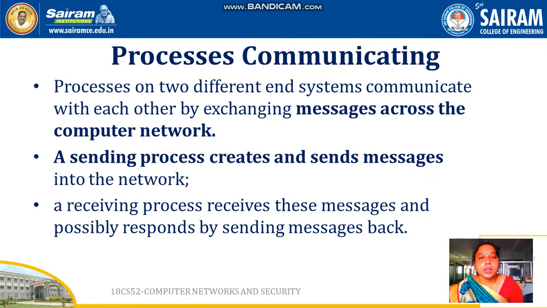From the transport layer, the messages will go to the network layer, then move on to the data link layer, then be sent by the link layer as signals, which can be analog or digital, and it will reach the destination. Again, the same hierarchy will be followed.